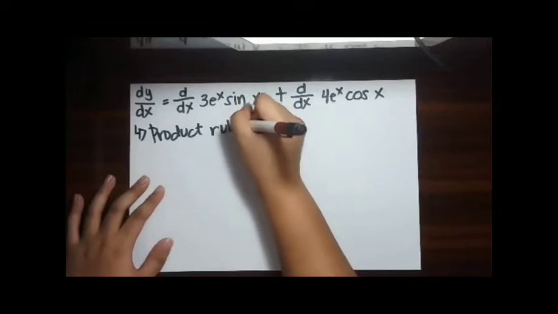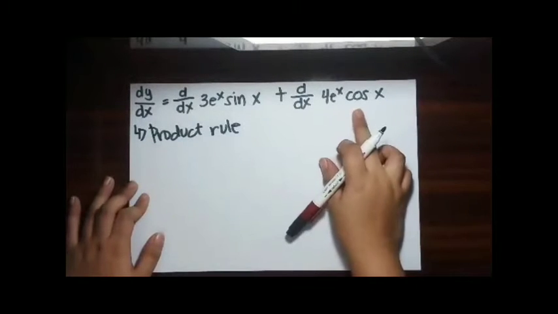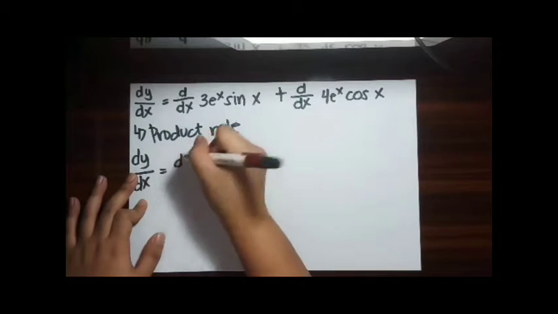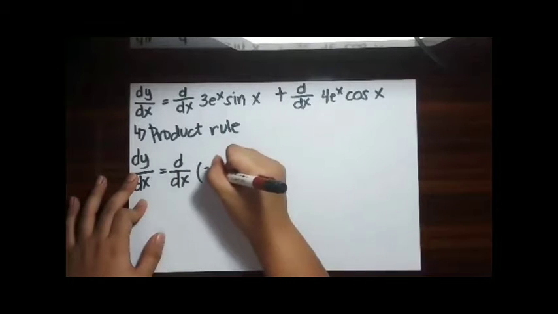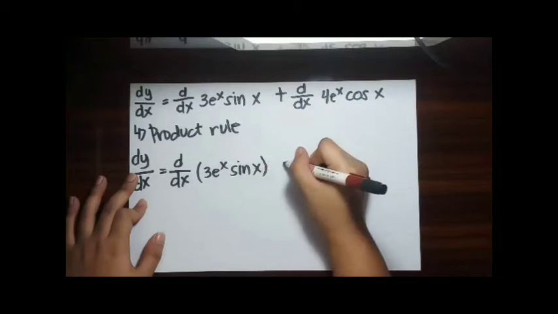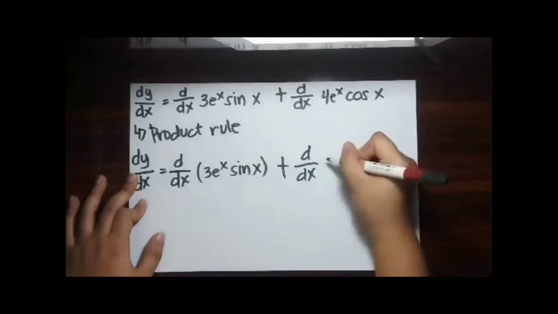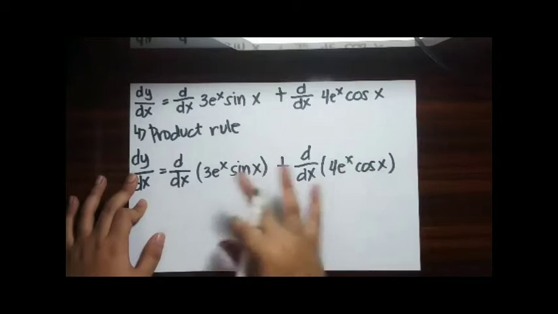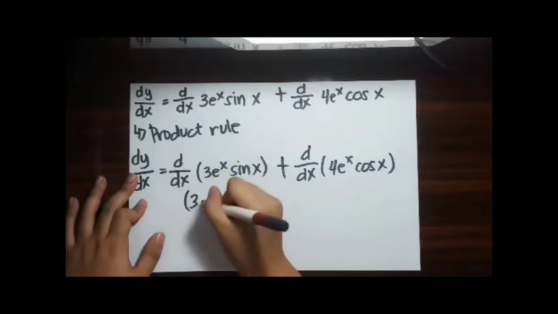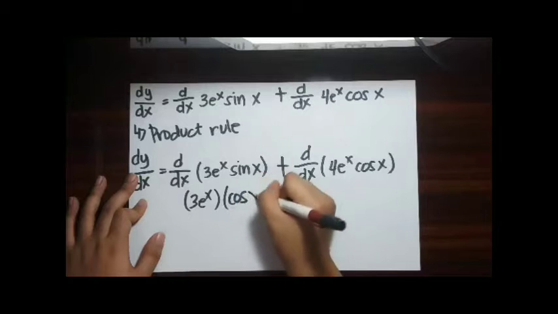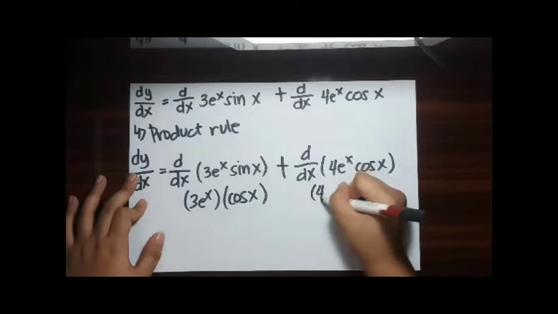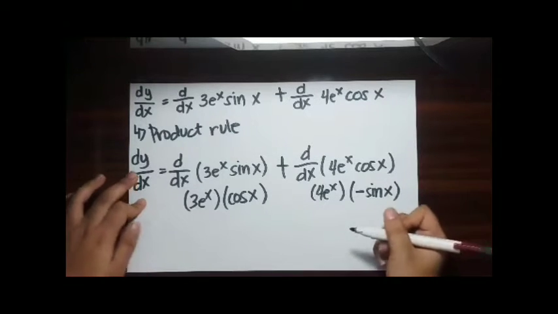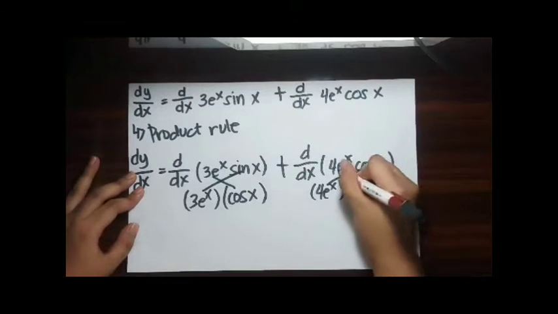We use the product rule for both terms because each term is composed of two factors. Next, we pair it diagonally.